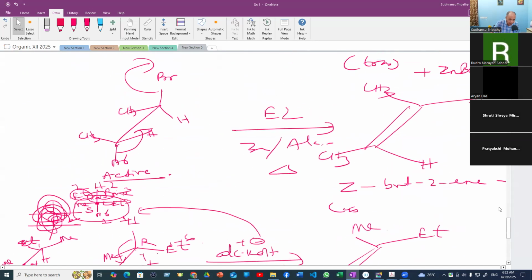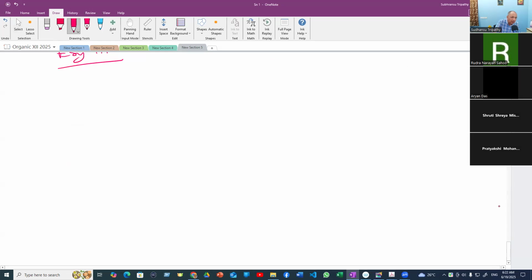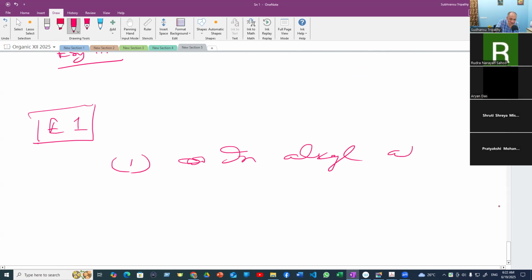So this is all about E2. Then coming to E1, let me tell you, in alkyl halides, E1 occurs when elimination is the minor product.